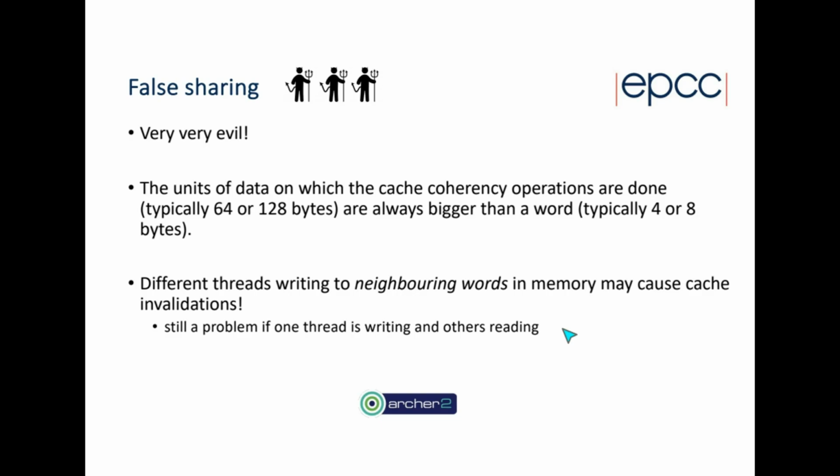That may cause cache invalidations to happen. And that's still a problem even if we just have one thread writing and the others reading. If all threads are reading, it's not a problem. Every thread just gets a copy in its own cache. If the values are not changing, nothing gets invalidated.